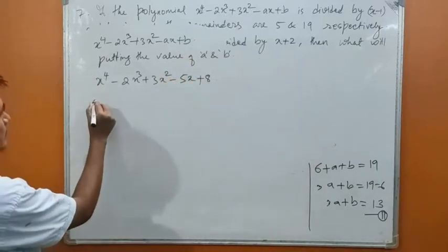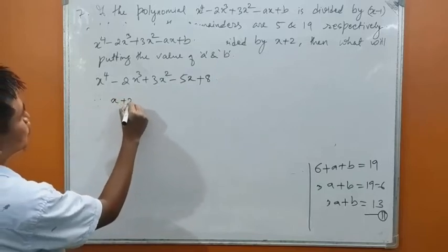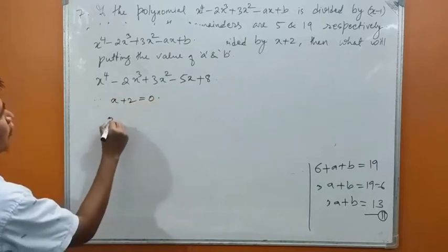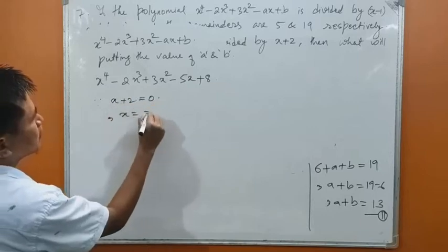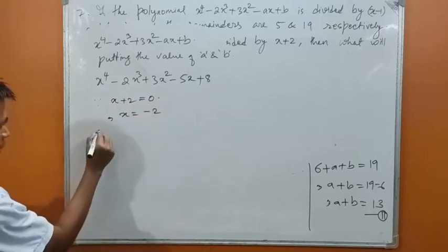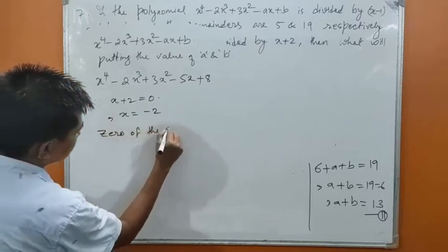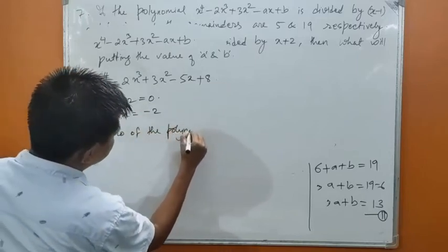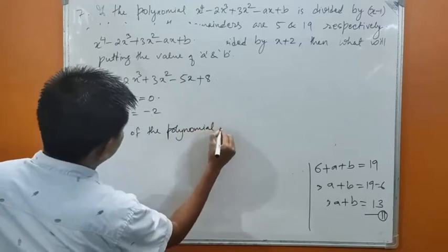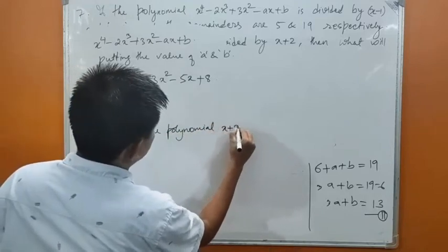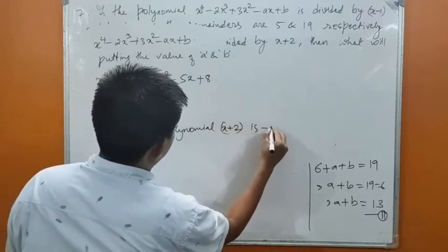Since x plus 2 equals 0, x equals minus 2, the zero of the polynomial x plus 2 is minus 2, isn't it?